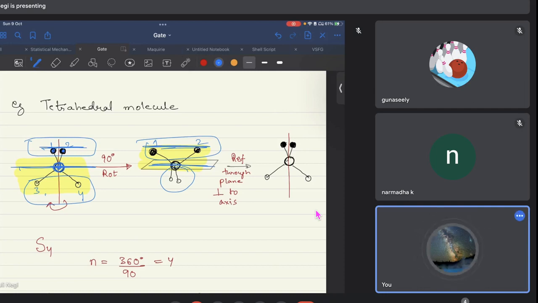Imagine this molecule was left on your desk, or your paper sheet, as you are imagining it right now, but after you go for a 5-minute break and come back, you see that this 1 and 2 were outside the plane of the paper sheet, and now they are on the plane of the paper sheet.